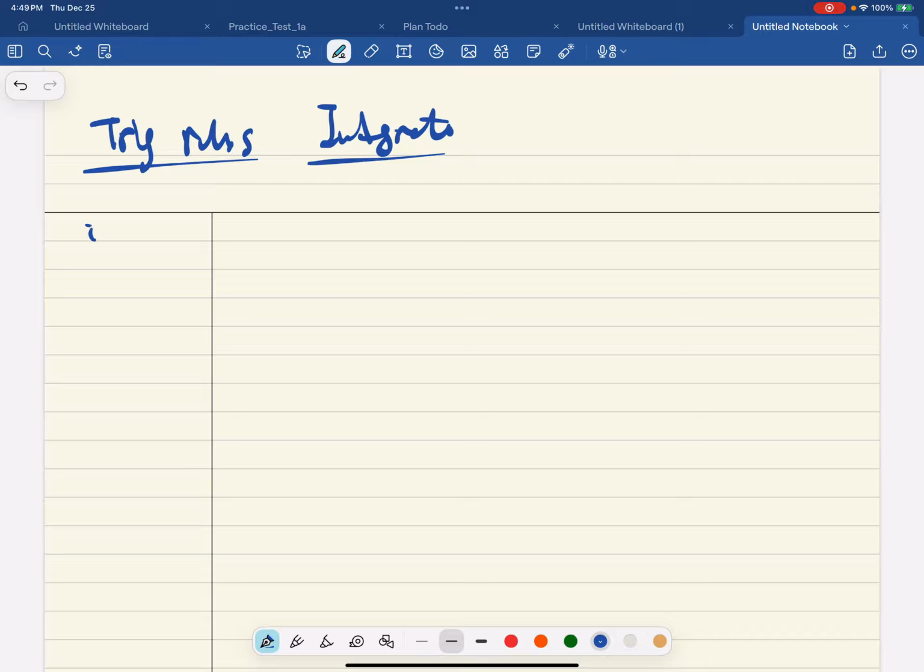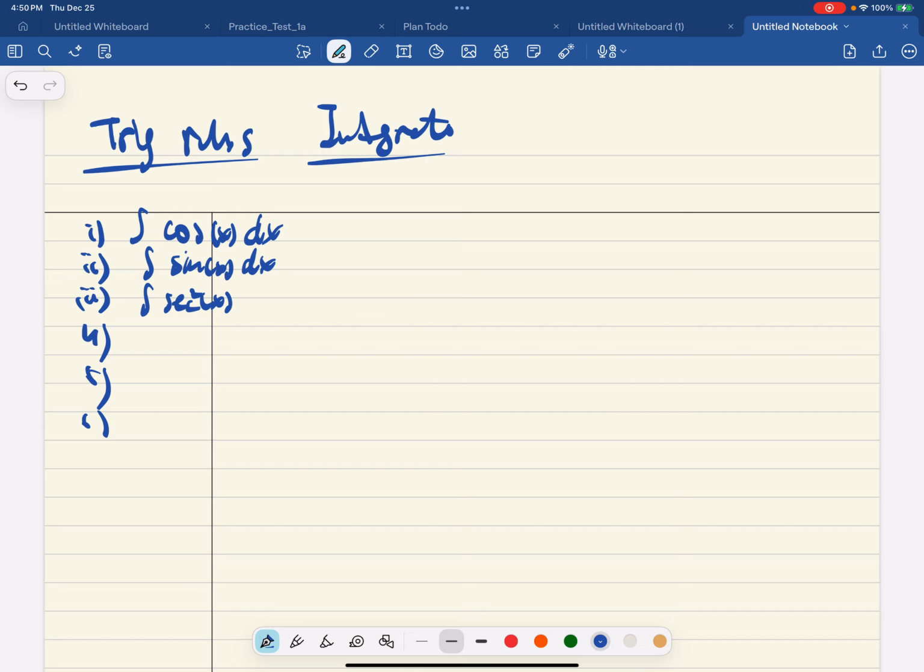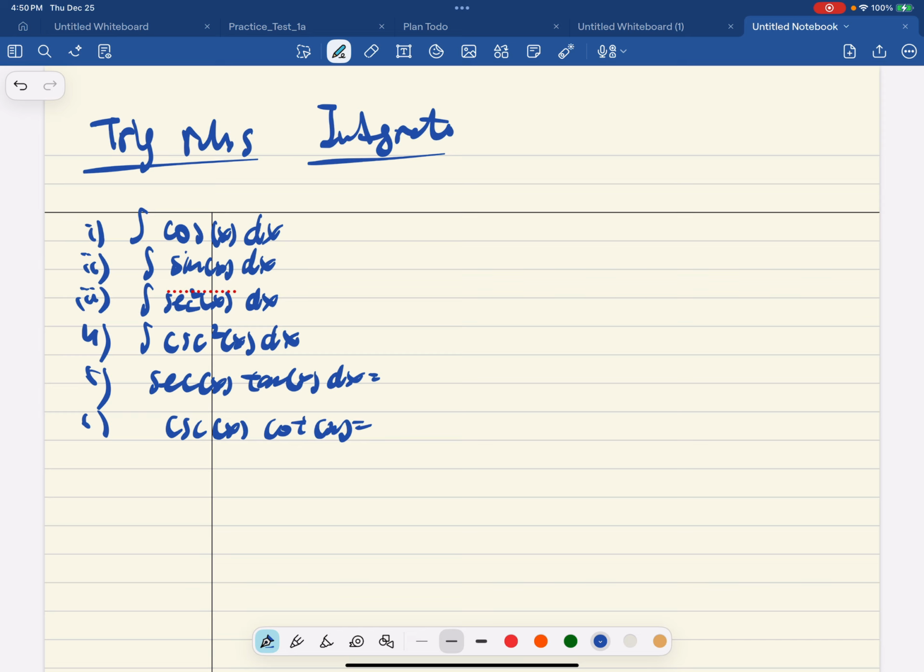There are 6 that you have to know: cos of x, sine of x, secant squared, cosecant squared, secant tangent, and cosecant cotangent. And they are actually just the reverse of everything.